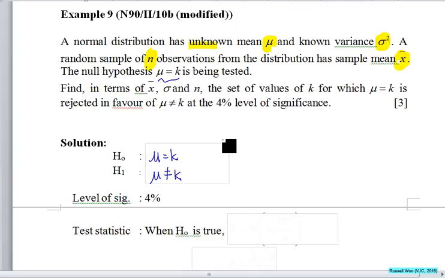Do we do a Z test or a T test? Z, because it is a known population variance. So we do a Z test.